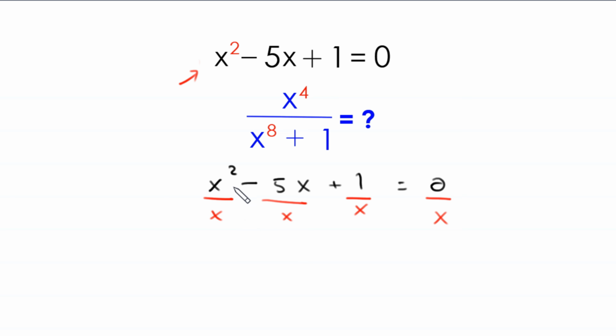So x squared divided by x will become x, and in negative 5x divided by x, the x will be cancelled out. We are left with x minus 5 plus 1 over x equal to 0.